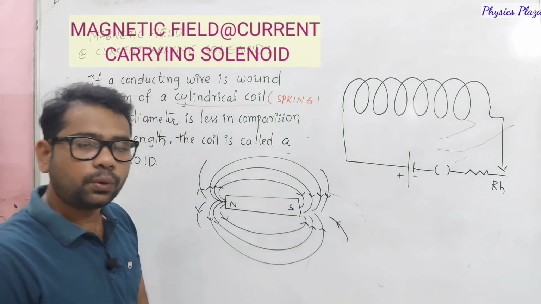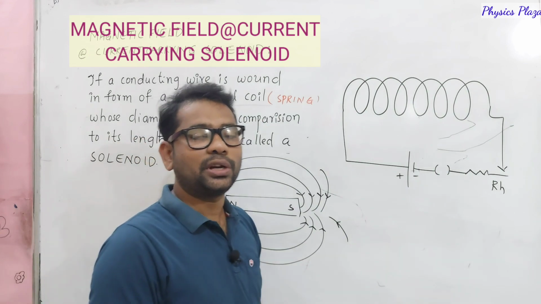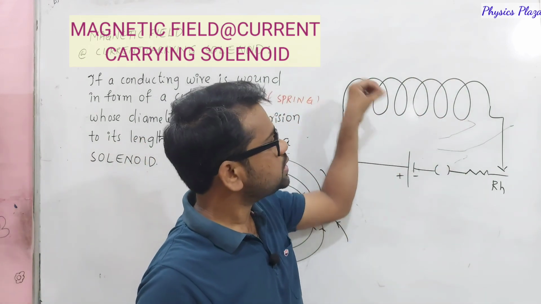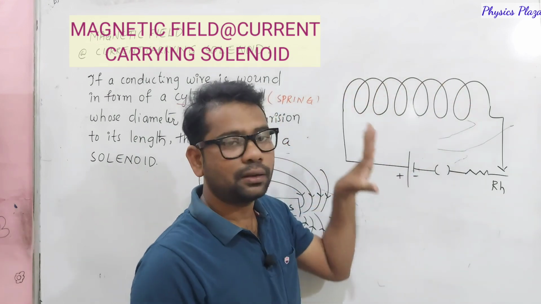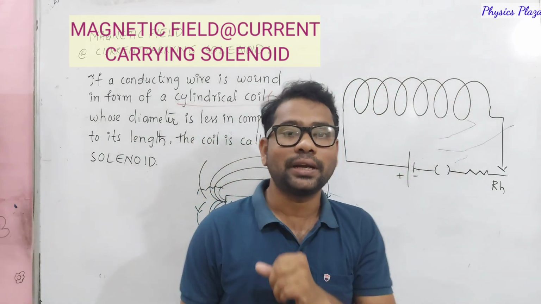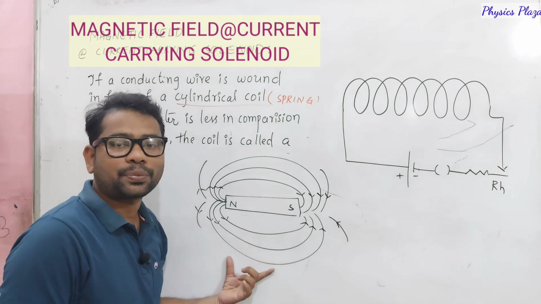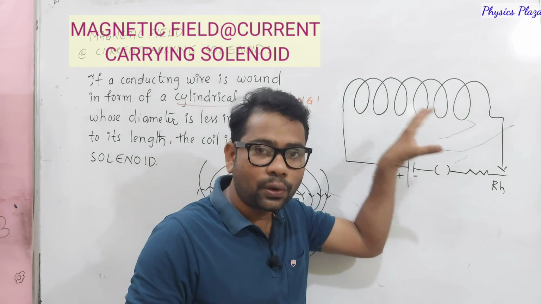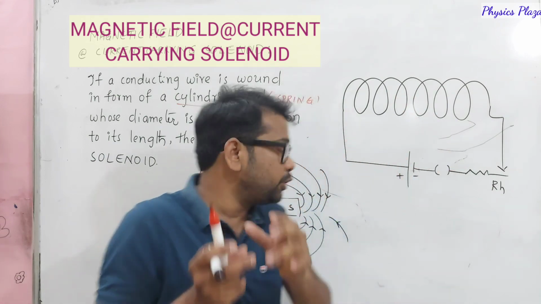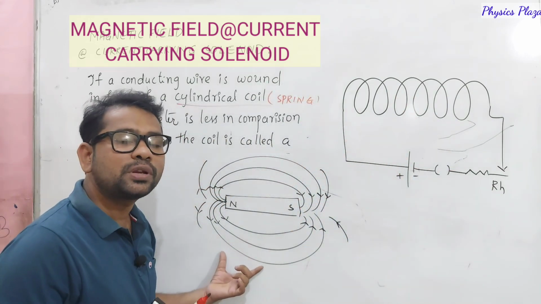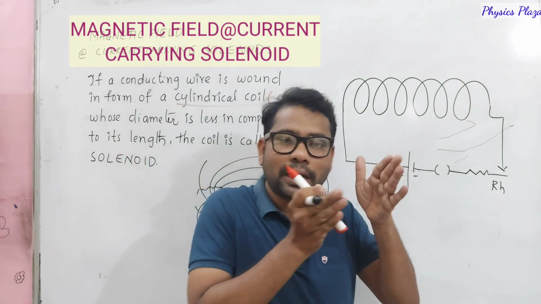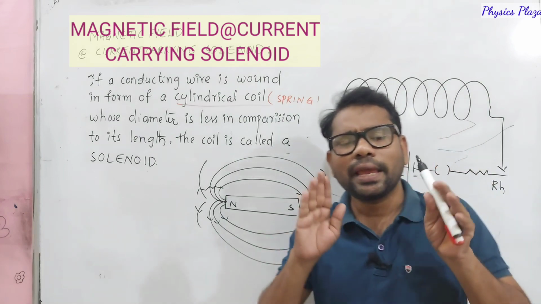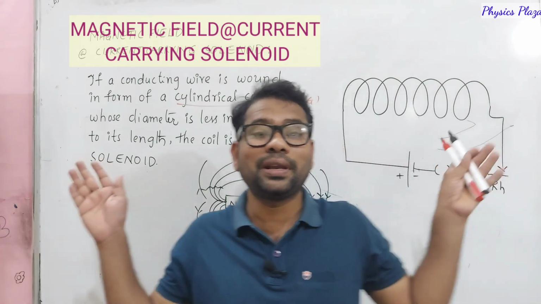It is also noticed that if current is passing like this, and iron filings are sprinkled near it, then they will get adjusted like this only. Means the magnetic field around the current carrying solenoid resembles the magnetic field due to the bar magnet. The magnetic field around the current carrying solenoid and the magnetic field around the bar magnet are same to same. Both are similar.